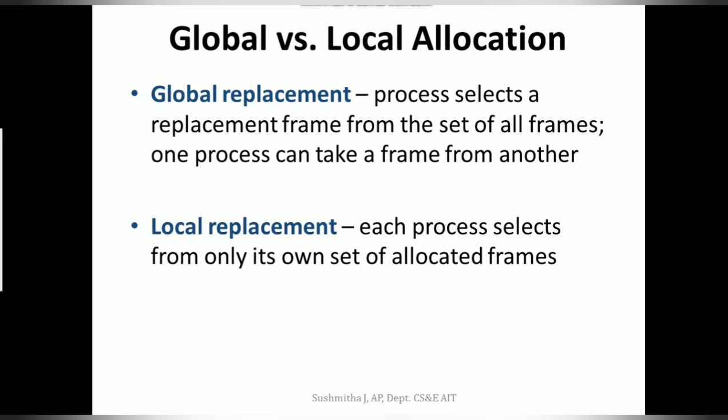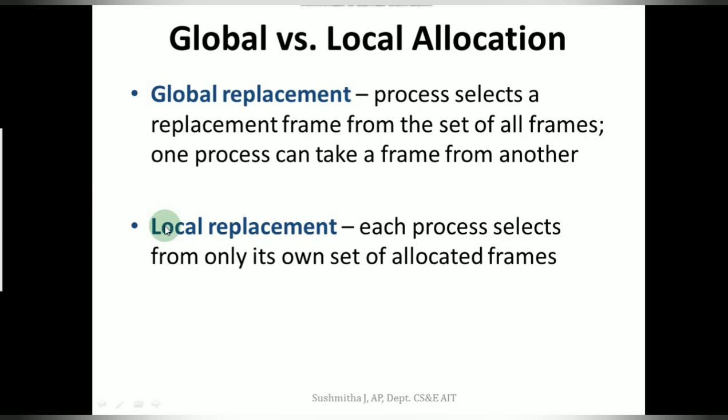If process P1 is allocated 10 frames, the replacement will happen among those 10 frames. That is local replacement. So the number of pages allocated to a particular process is fixed and the replacement occurs only among those pages that are allocated to the process.